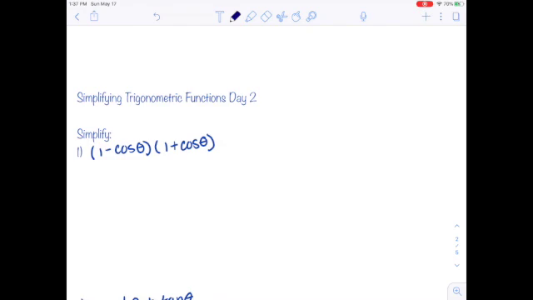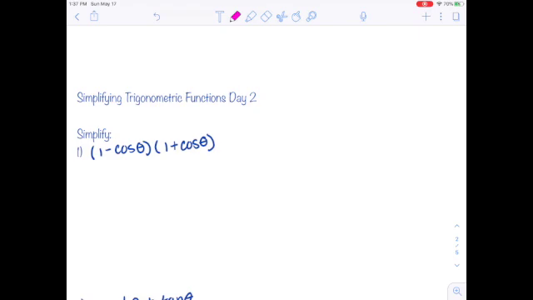Just some extra practice problems so you can see some of these algebraic manipulations. So in number 1, we're going to be simplifying that expression with 1 minus cosine of theta times 1 plus cosine of theta. And I take a look at that and I say, hey, that looks like something got factored.